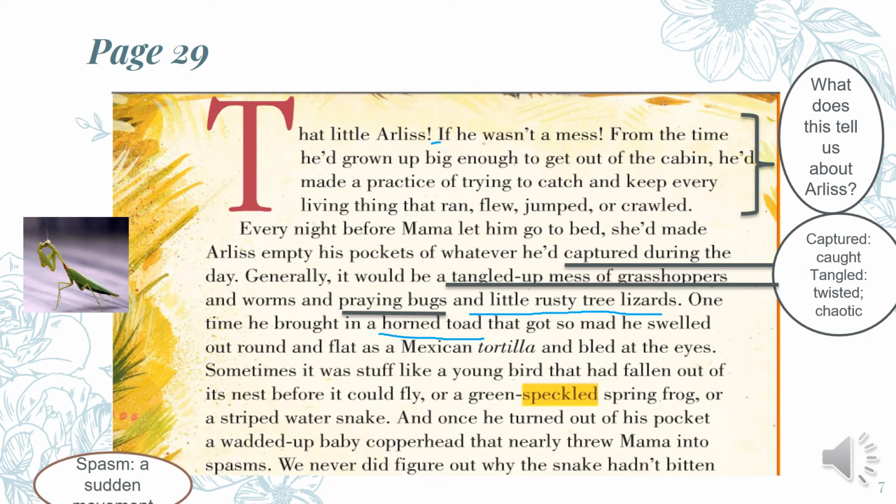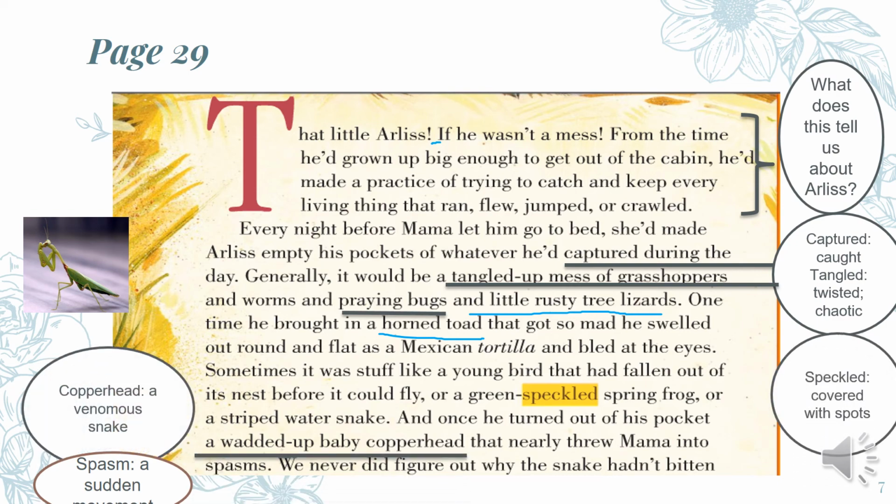He's describing the horned toad. Sometimes it was stuff like a young bird that had fallen out of its nest before it could fly, or a very, very small chick, or a green speckled spring frog. So what is the meaning of speckled? Speckled means covered with spots. Or a striped water snake. So even water snakes, he would bring them in his pockets.